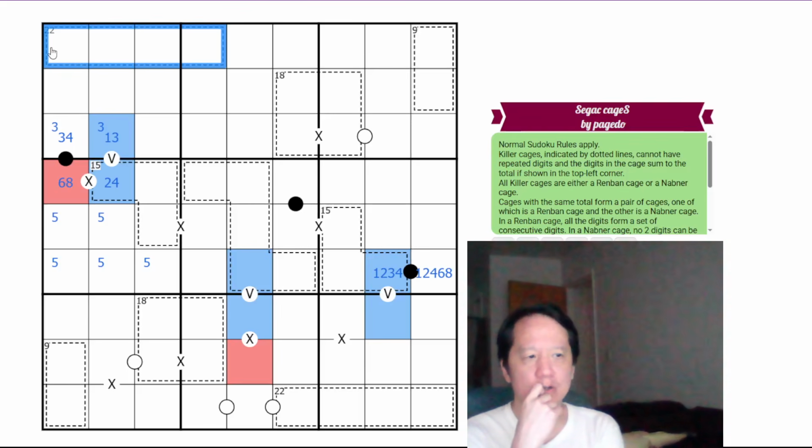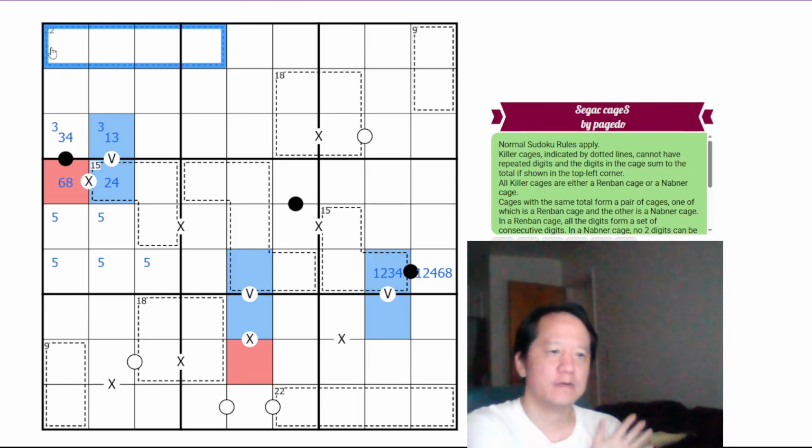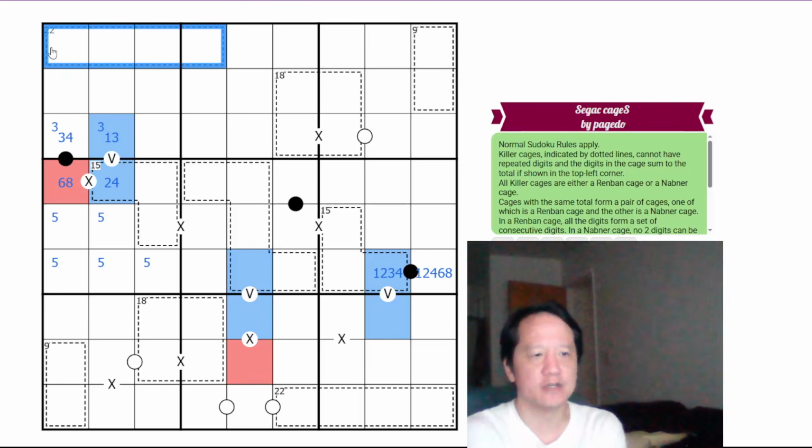For 15, it has to be 4, 5, 6, to be 3 consecutive digits, adding up to 15. For 22, it's 4, 5, 6, 7.